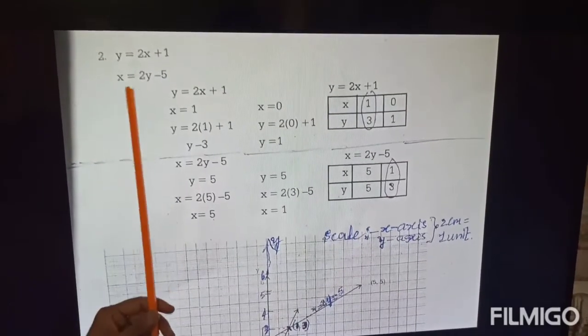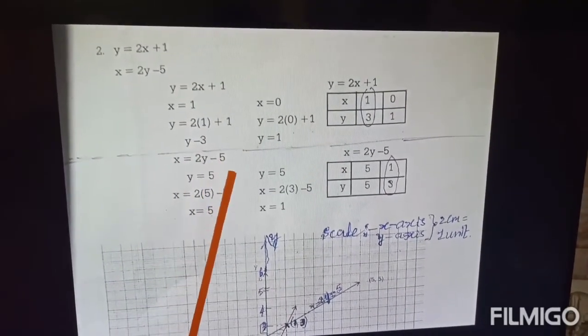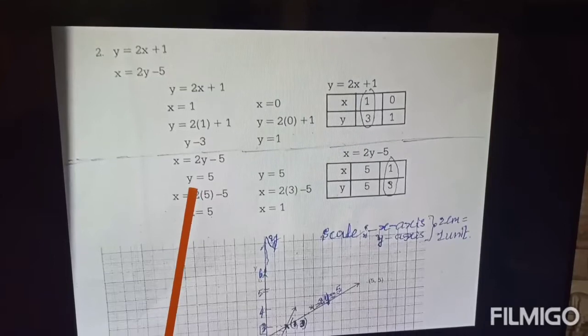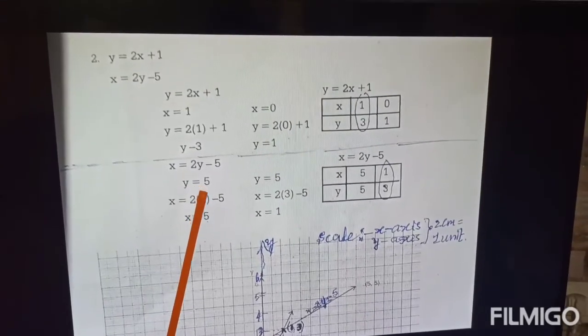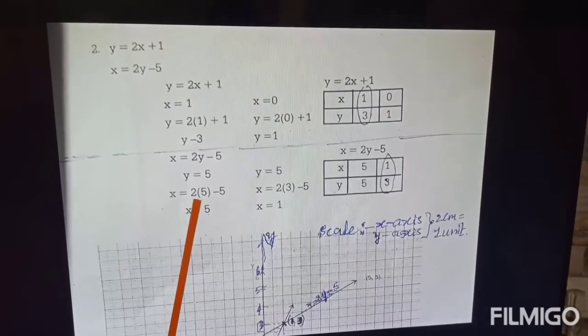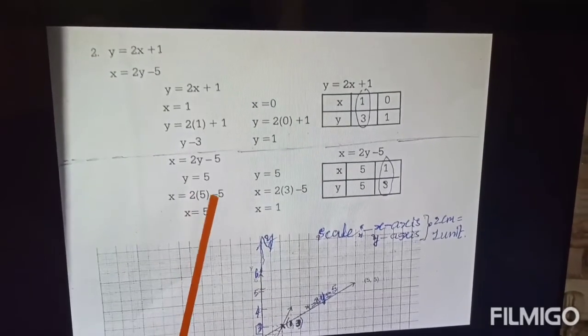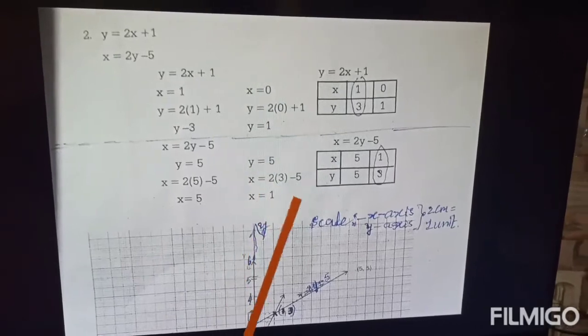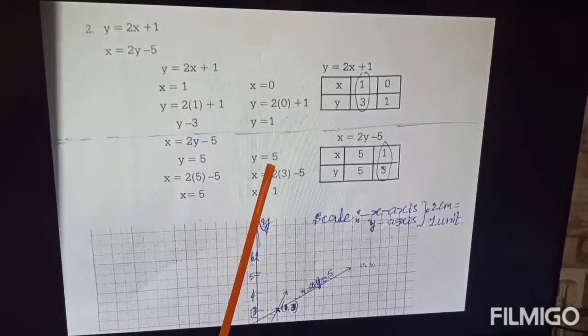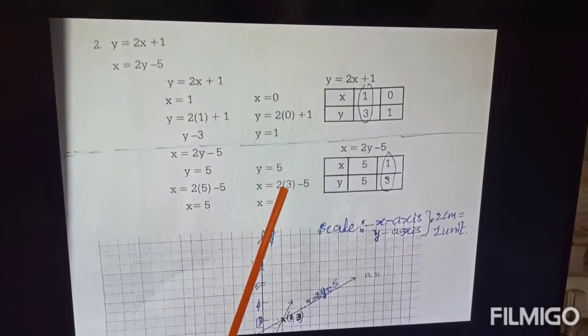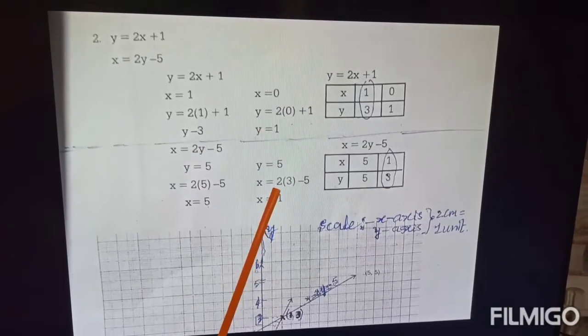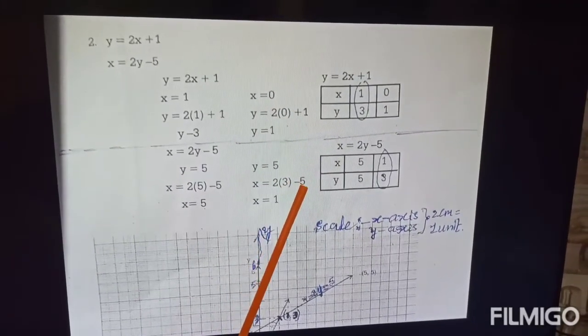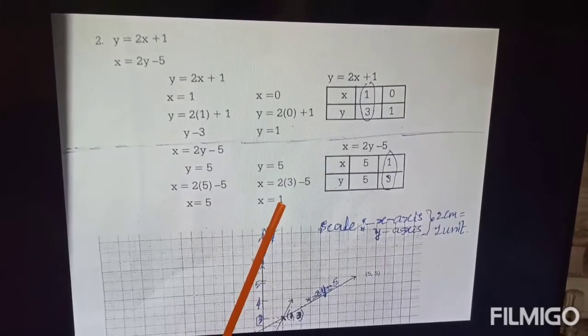Here the second equation is 2y minus 5. If we replace 5 for y, then it becomes 2 into 5 is 10. 10 minus 5 is 5 only. Then if we take for y 3, not 5, 3. 2 3s are 6. 6 minus 5 is 1.